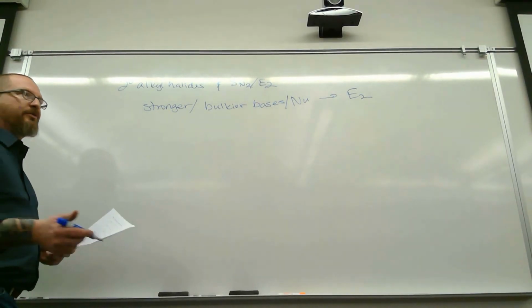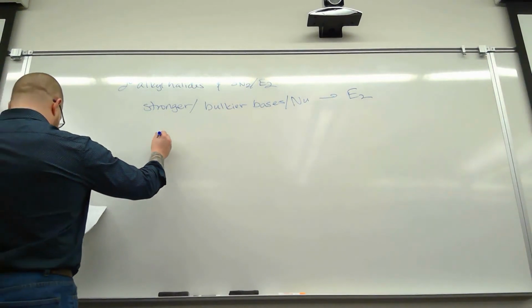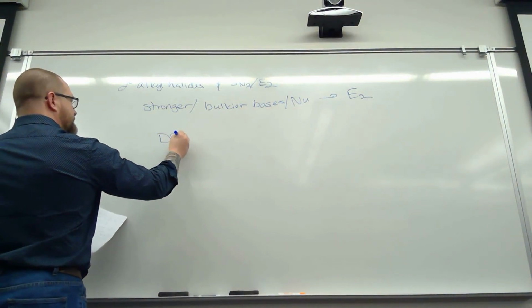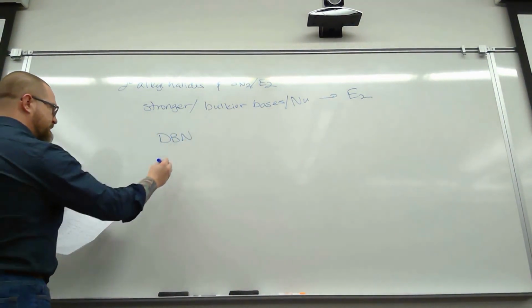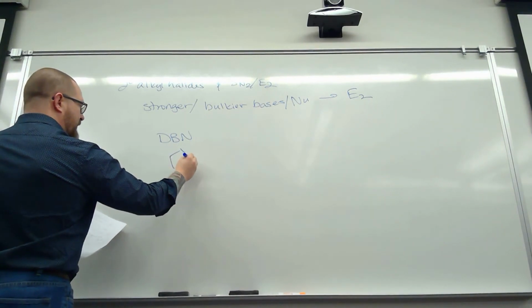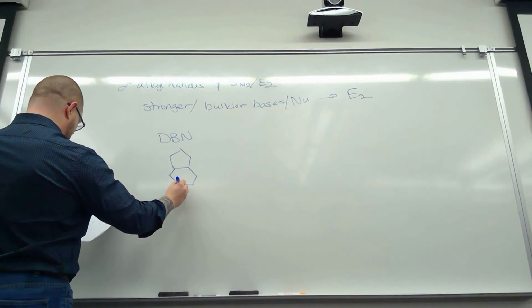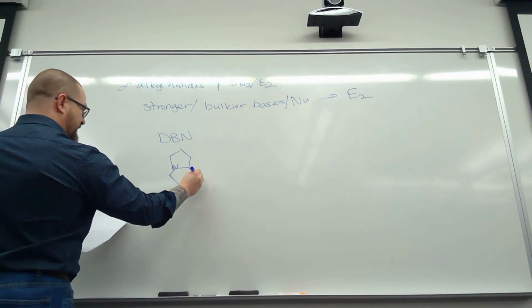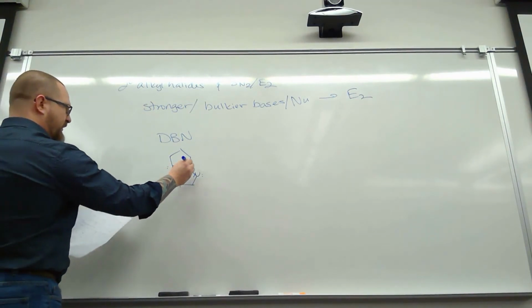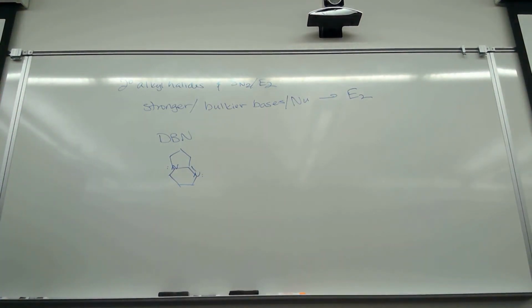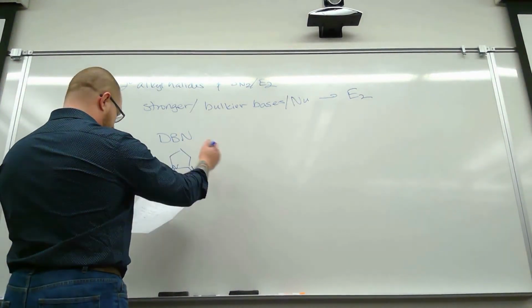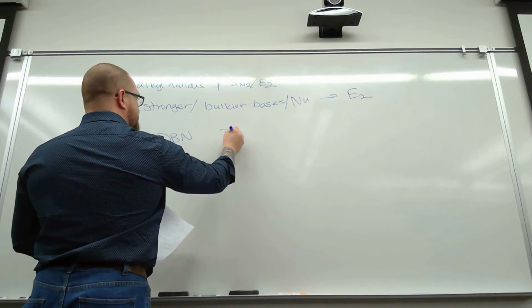The book introduces two others. DBN, which is a 5-membered ring fused to a 6-membered ring, which has nitrogen here and here, a lone pair and a double bond there. There's also a 7-membered ring variation up here called DBU.